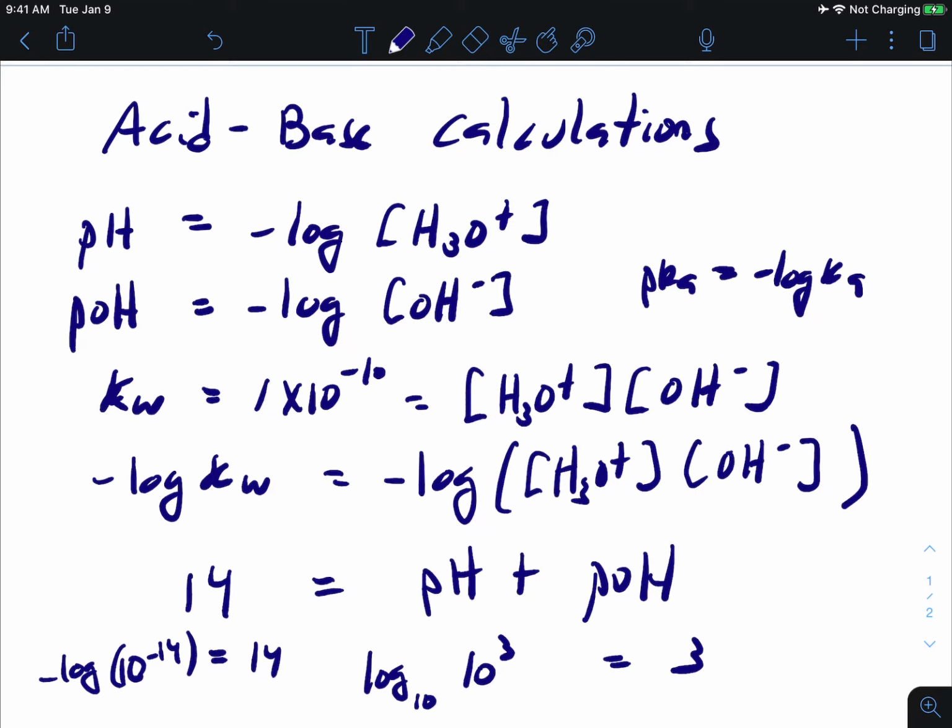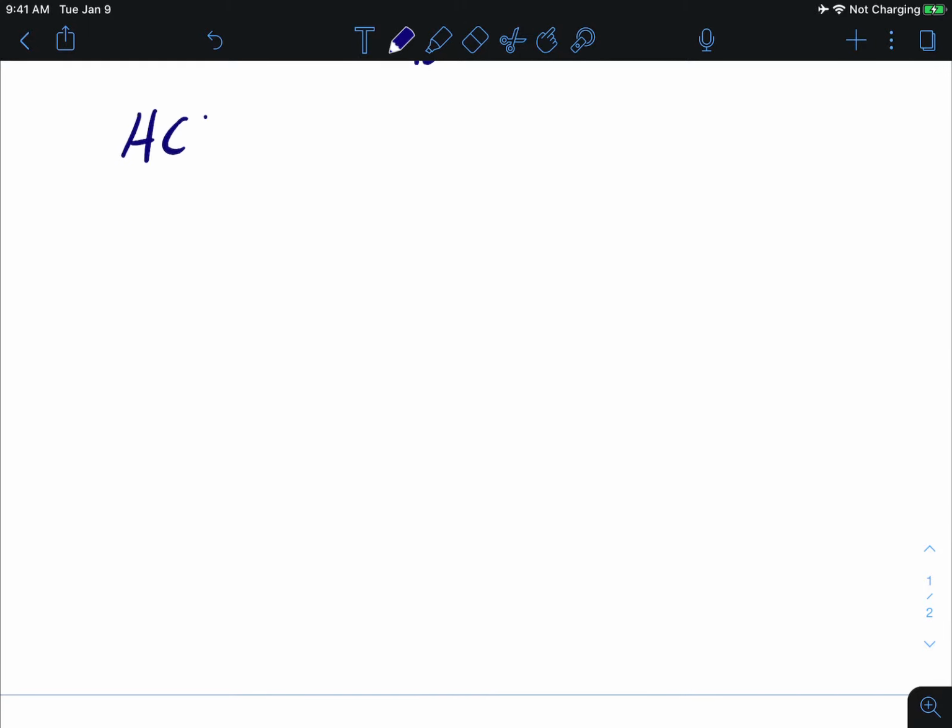Now, what do we mean when we're comparing, say, a strong acid or strong base? Anything I say about acid, you can apply to base. So if I have a strong acid, that means it goes completely to this.